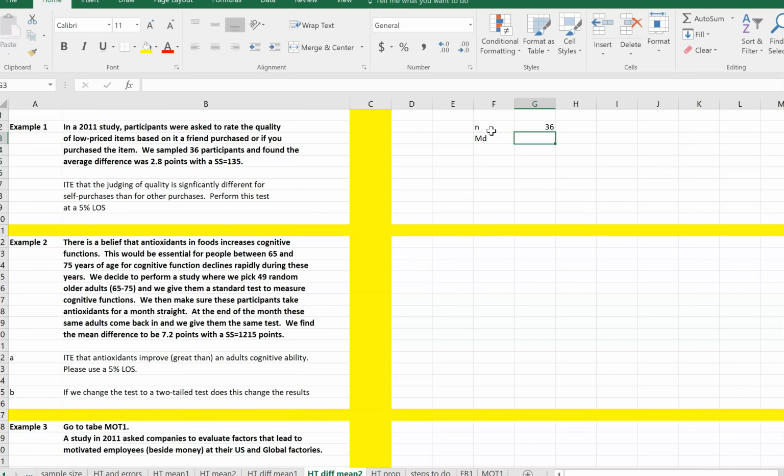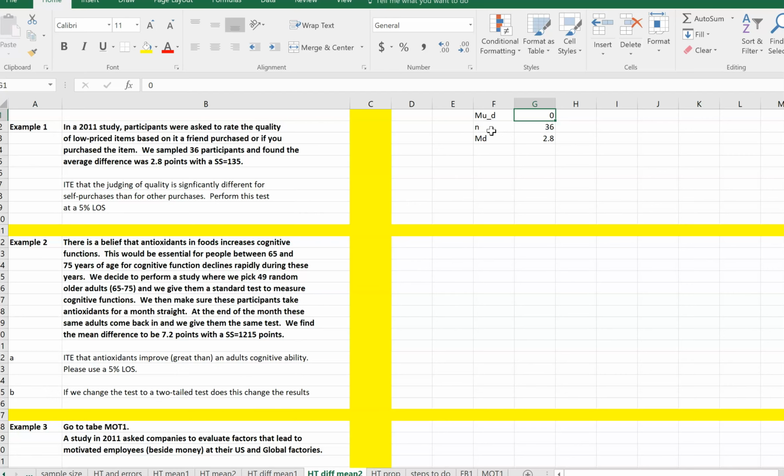They found the average difference to be 2.8 points. Please understand, in a hypothesis test, mu sub D is usually 0. We assume that the average difference is 0. That's what we're assuming. The true average, remember, Greek letter mu stands for the true average difference, is 0. MD is the sample mean difference, the American letter for the sample mean difference.